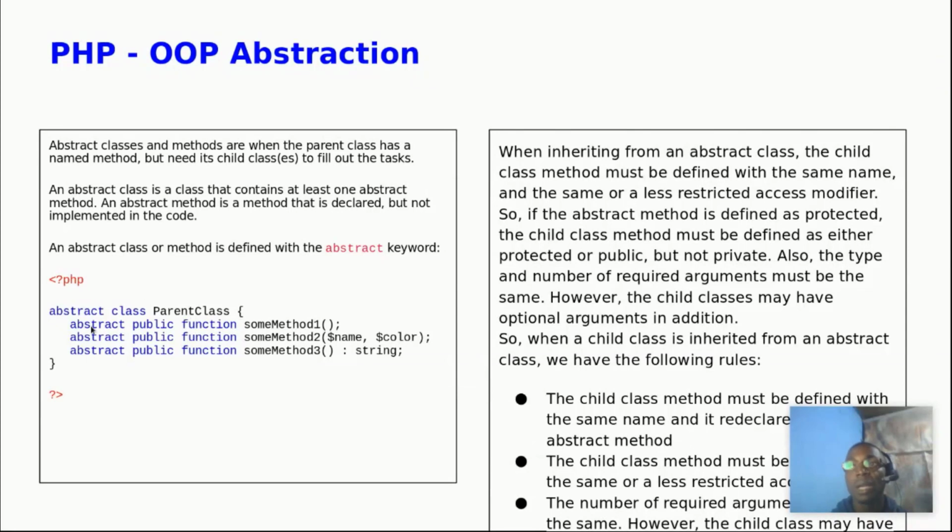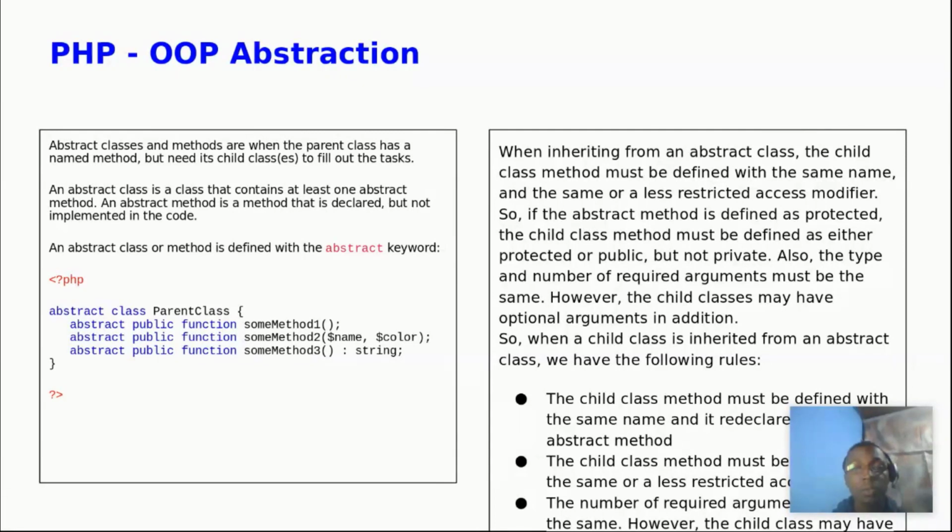And notice the way an abstract class is defined with the abstract keyword. You see, we just write abstract public function, then the name of the method, but we don't implement it, right? So when we now inherit from this class, we will be able to do the implementation.